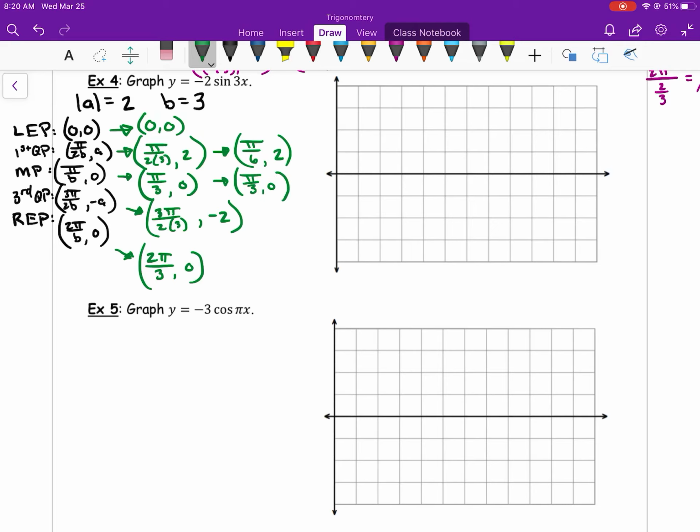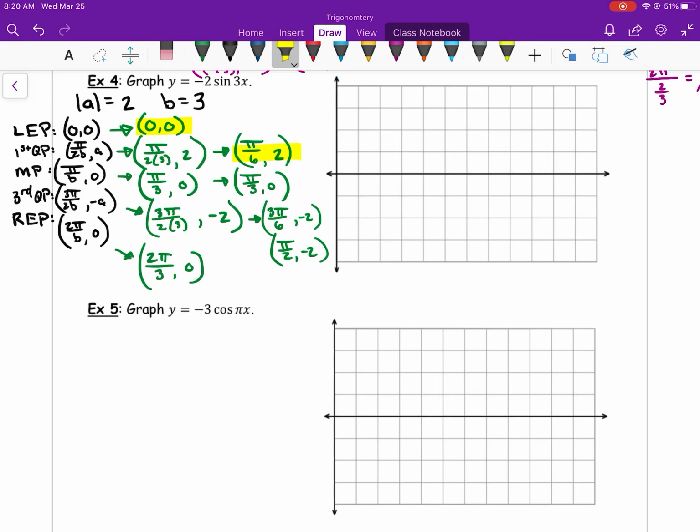That's pi over 3 and 0. Then we'll have 3 pi over 6, comma negative 2, which actually simplifies to pi over 2, negative 2, because that 3 and 6 simplify to 1/2. And then the last one's good.